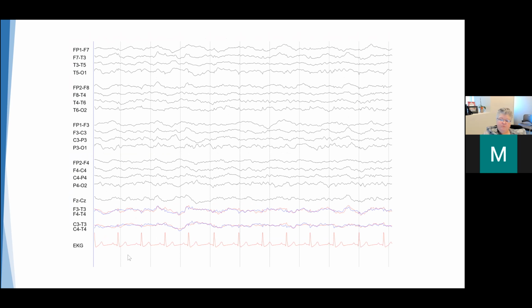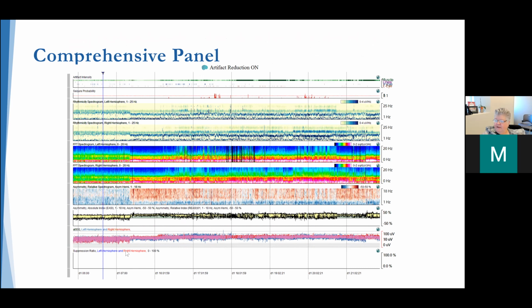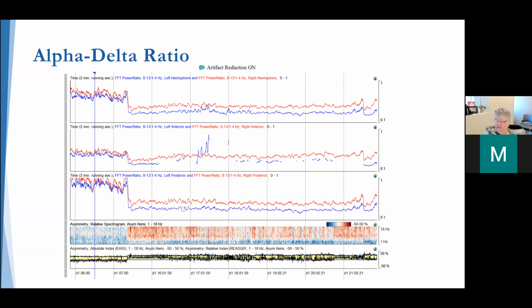Now, these changes can be visible on many of these trends. So here we see a trend where we can see a sudden change in activity over the left and right hemisphere, more slowing over the right hemisphere compared to the left, and a loss of fast activity. But these changes are much more noticeable using the asymmetry trends. We can also see them very clearly in our alpha delta ratios.